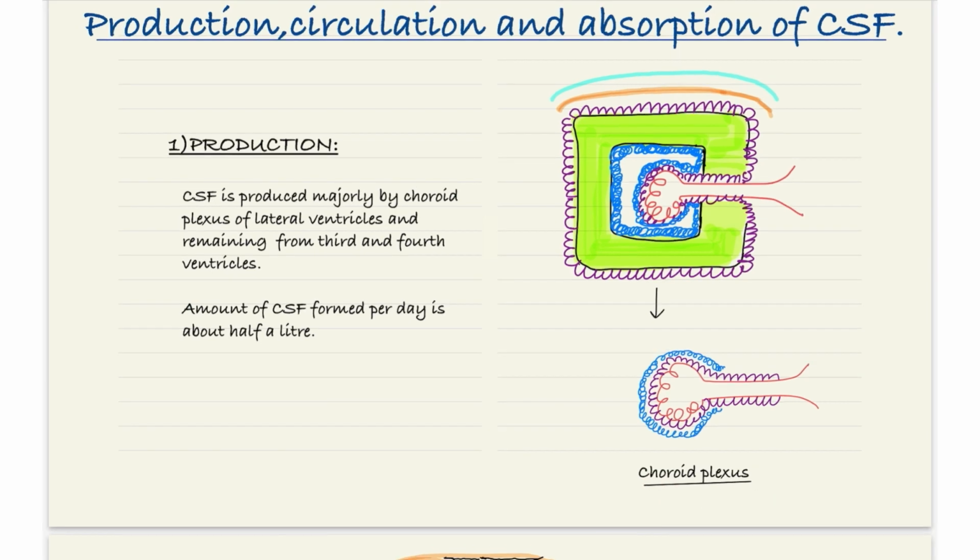Let us label the diagram. This space is the ventricle. The blue lining is the ependymal lining. This highlighted part is the brain substance.